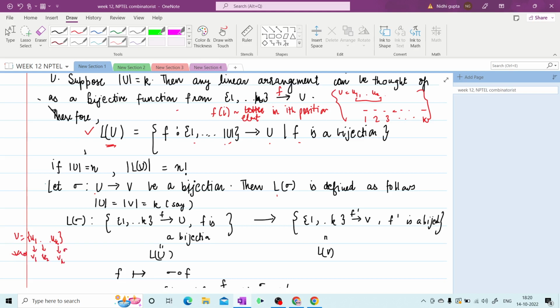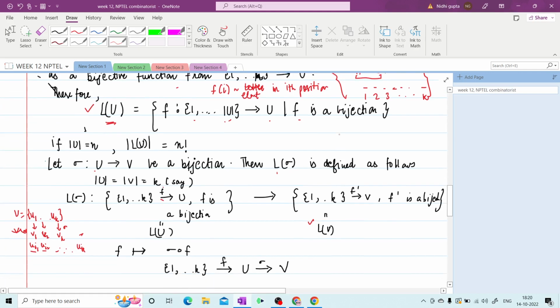This is our sigma. Now given a linear arrangement, that is we have k seats, we have some linear arrangement here, ui1, ui2, ..., uik. Then what should be the corresponding linear arrangement of V? We have to use this linear arrangement f and this bijective function sigma to give a linear arrangement of V. So intuitively what should it be?